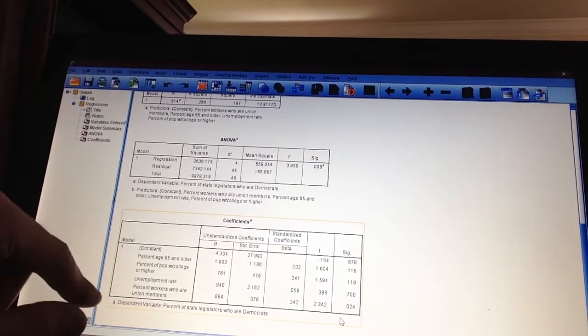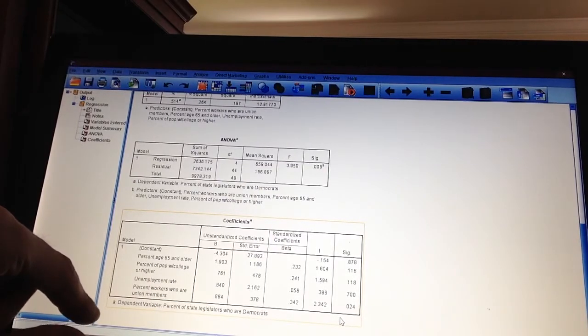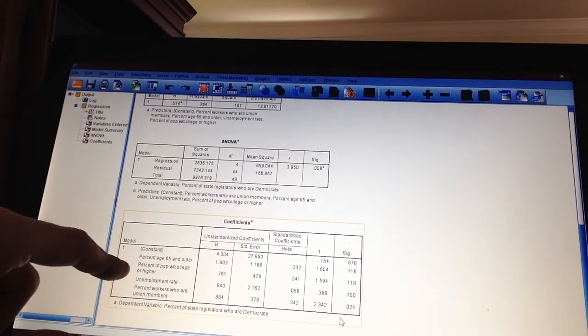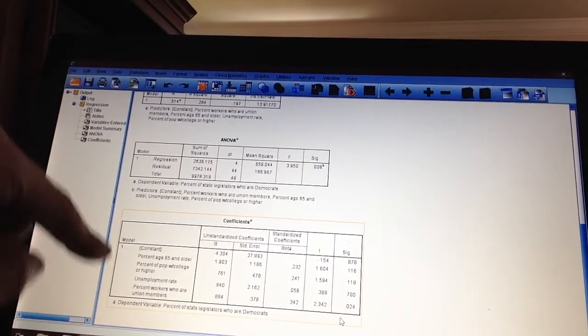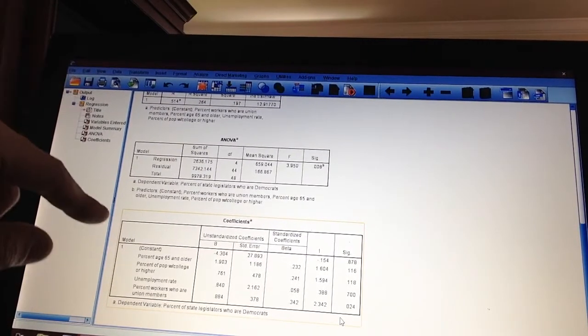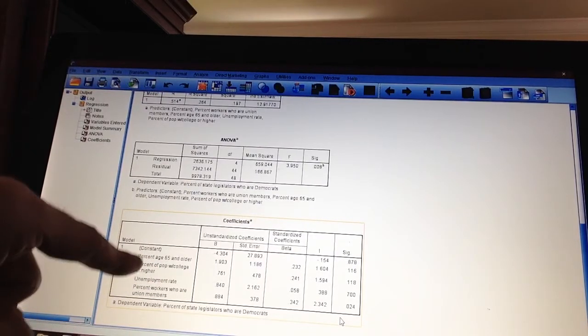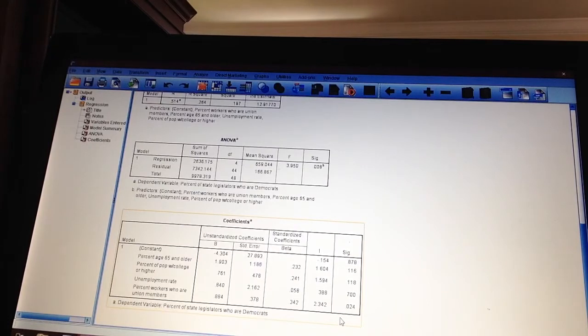It says, look, we have 2 states. We're going to simulate 2 states. They're going to have the same percentage of college graduates, the same unemployment rate, and the same percent of workers who are union members. However, one of those states is going to have 1% more age 65 or older than another.